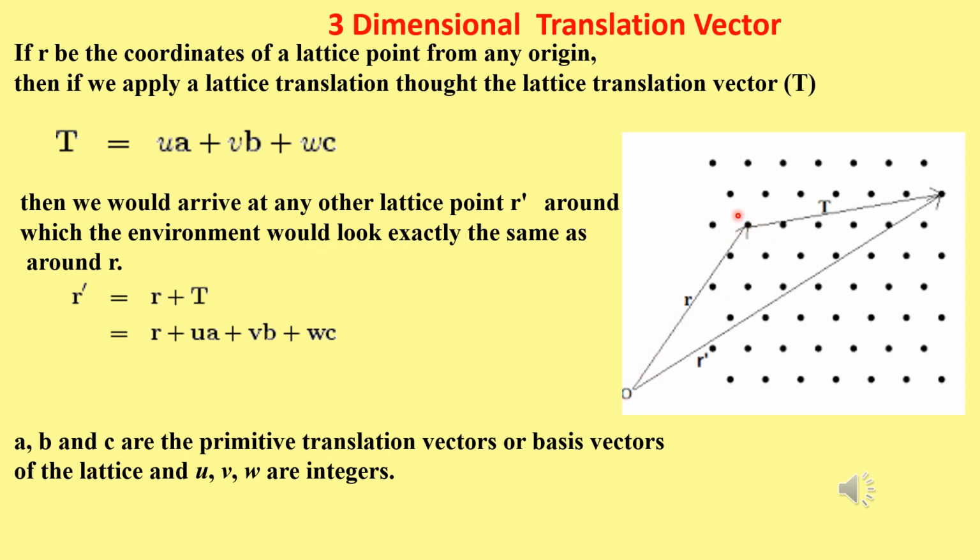If r is the position vector here, then r prime will be r plus this translation vector. So it will change this point r to r prime with a similar environment as it had in the old location. a, b, c are the primitive translation vectors or basis vectors, and u, v, w are the integers. So this is the translation vector in 3 dimensions.